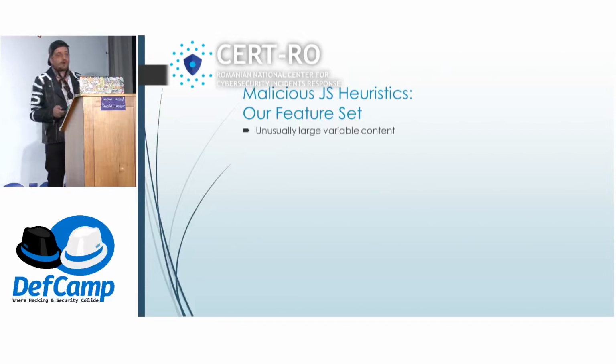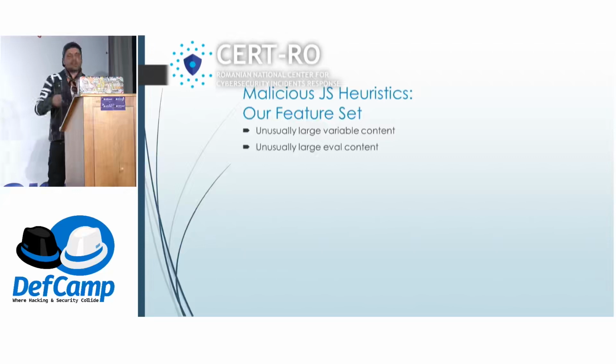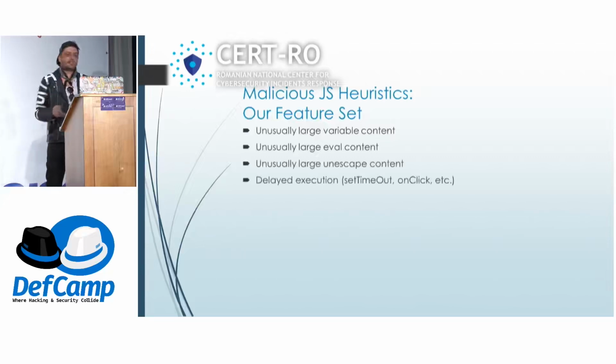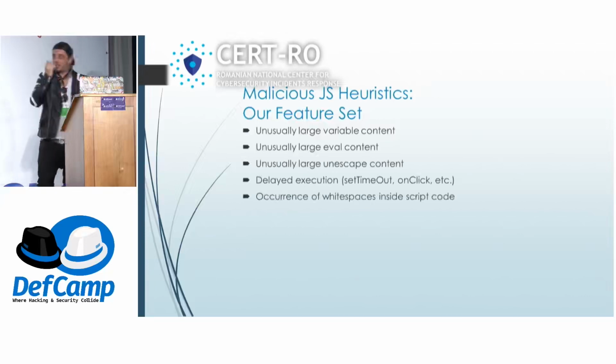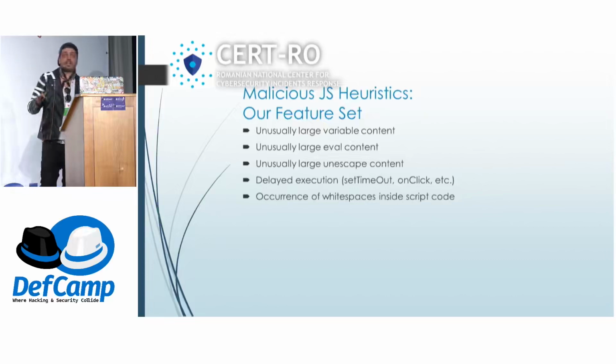Also, we're looking for unusually large variable content, unusually large eval content, unusually large unescape content, delayed execution instructions, occurrence of white spaces inside script code, because most, namely all, the malicious JavaScript samples we analyzed contain like 0 white spaces.